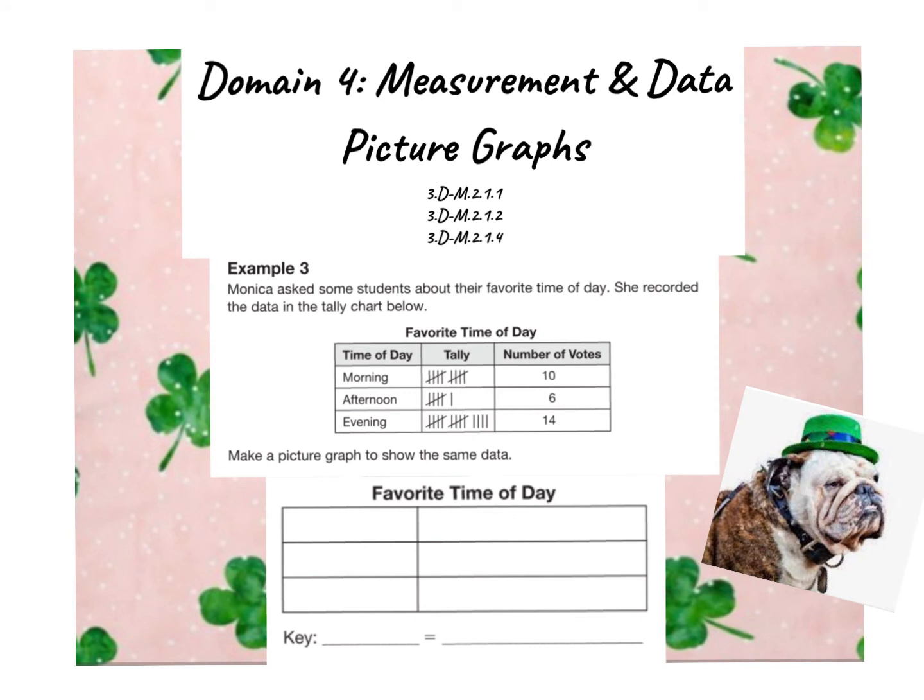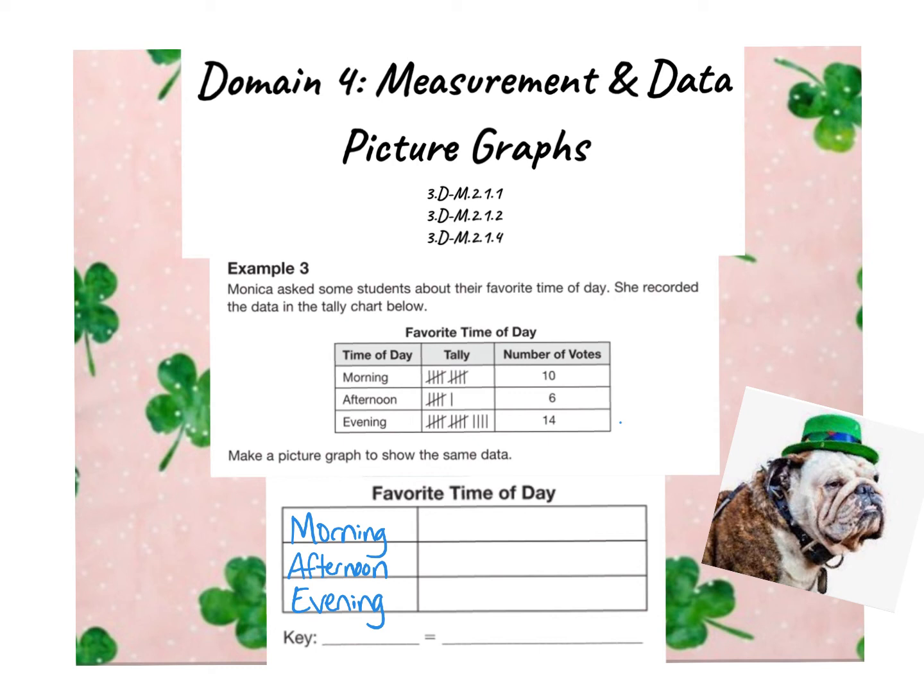So that's good. The next thing we need to figure out is our categories. So we're going to do morning, afternoon, and evening. And then they want us to create our key. I can look at my numbers, and I know that I'm going to have to go up to 14.